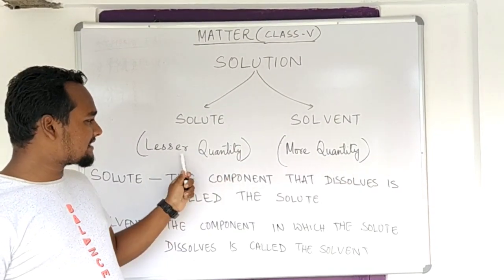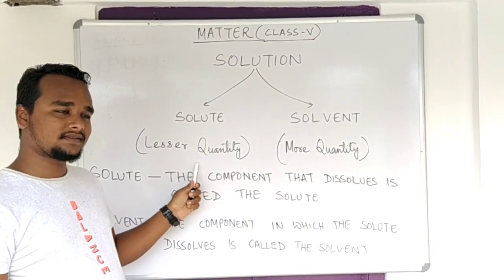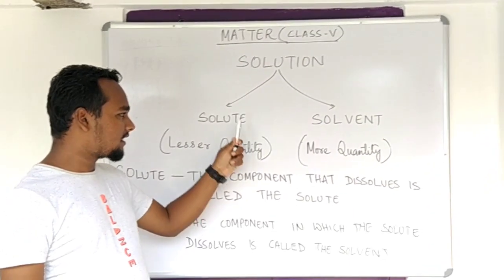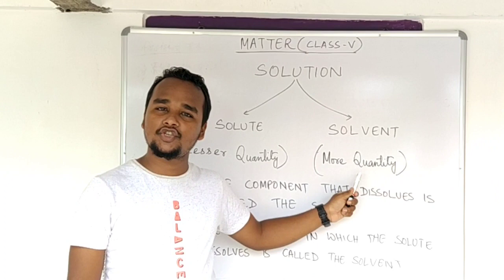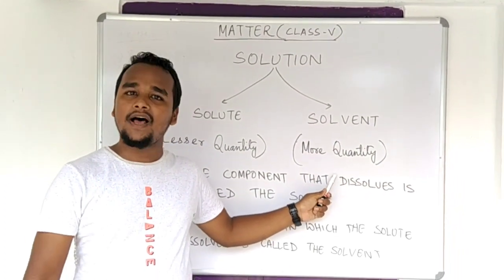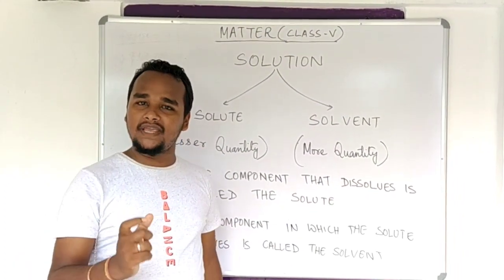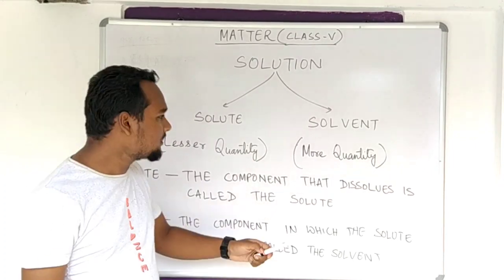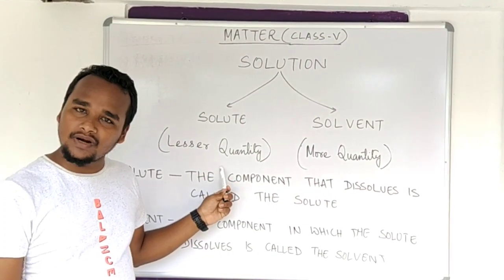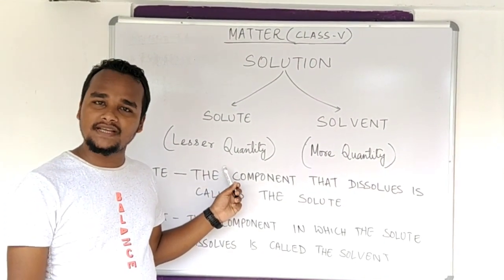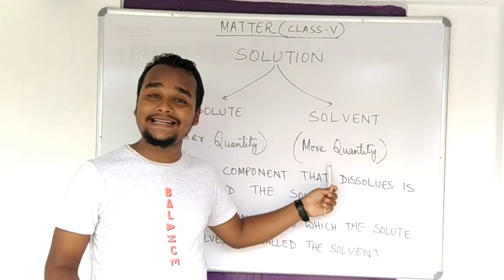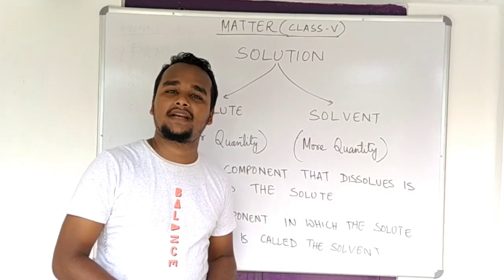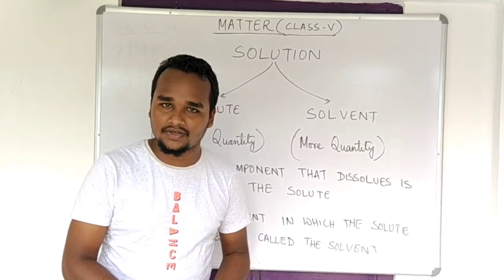I have written in brackets: lesser quantity against solute and more quantity against solvent. That means while you are making a solution, the one which is present in lesser quantity will be categorized as solute, and the one present in more quantity will be categorized as solvent.